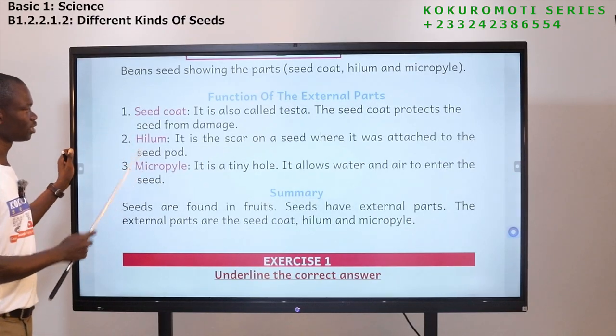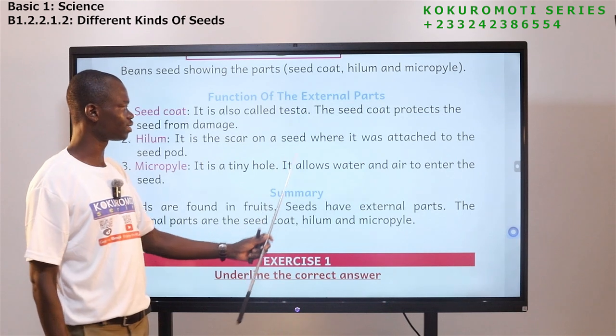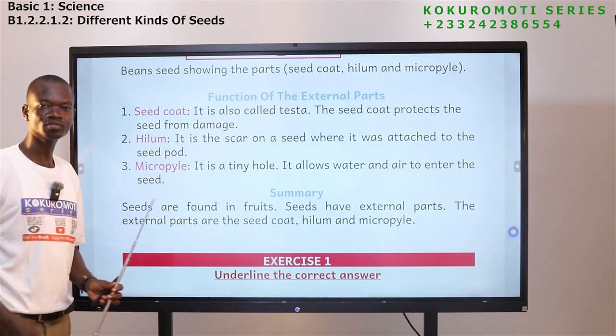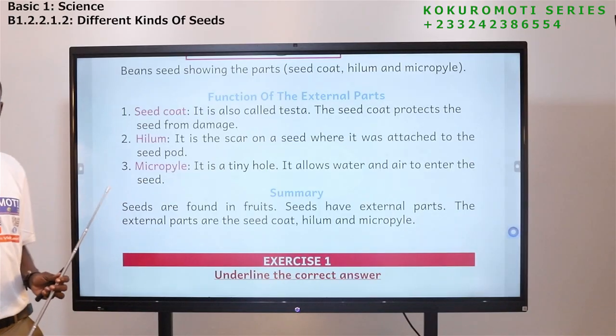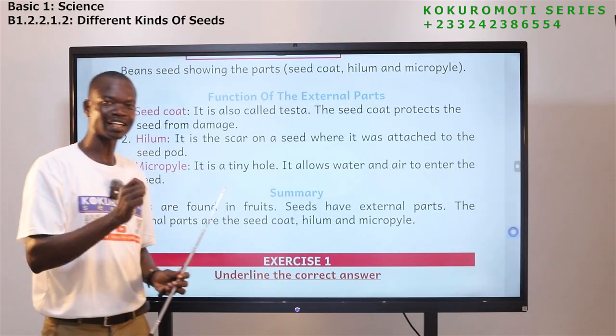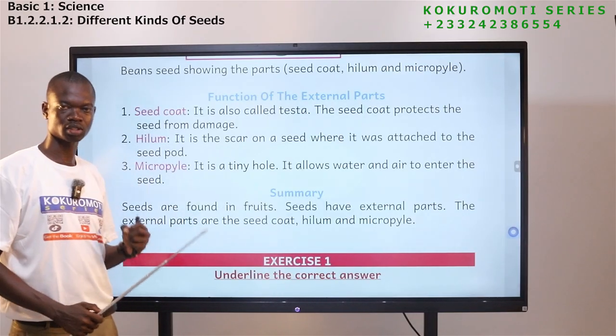The hilum. The hilum is the scar on a seed where it was attached to the seed pod. The hilum looks like a scar, and it shows that that part was attached to the pod.